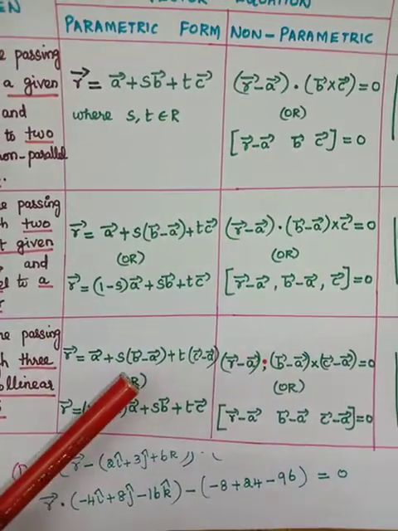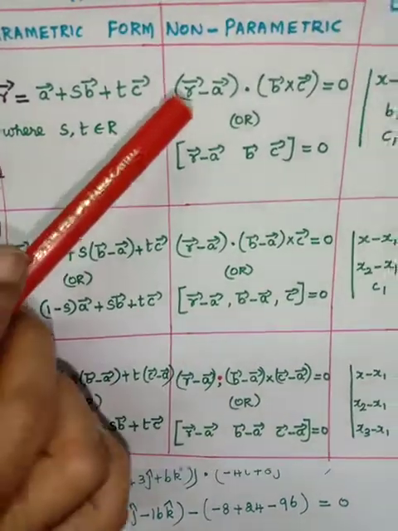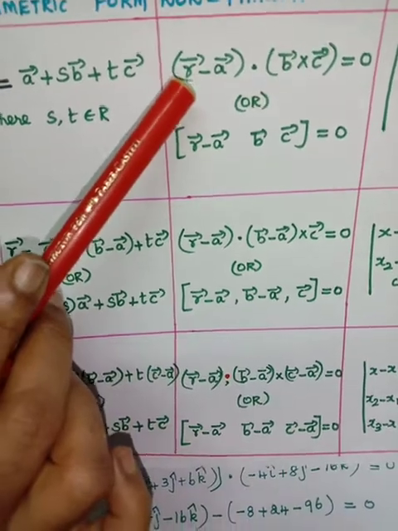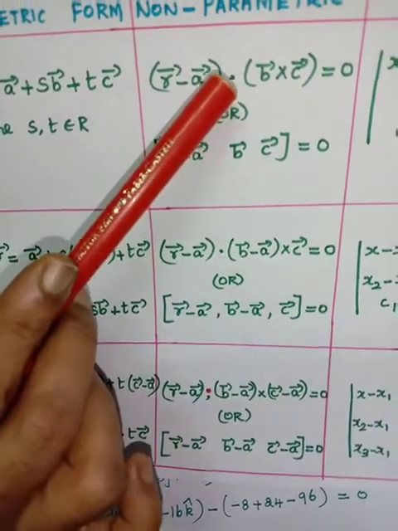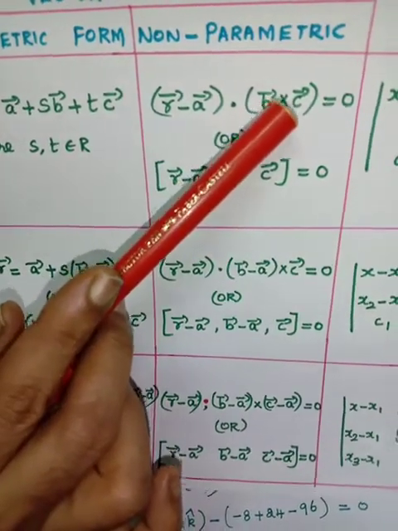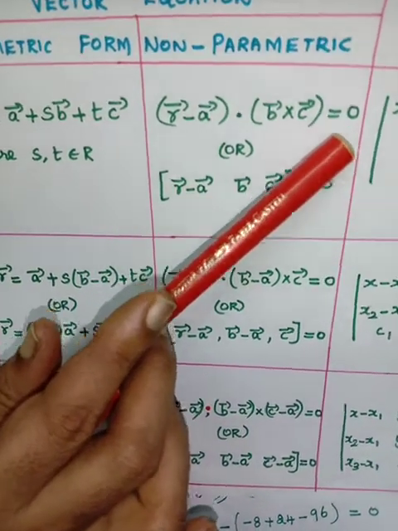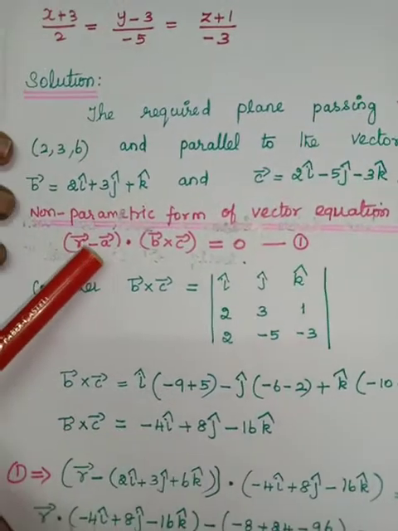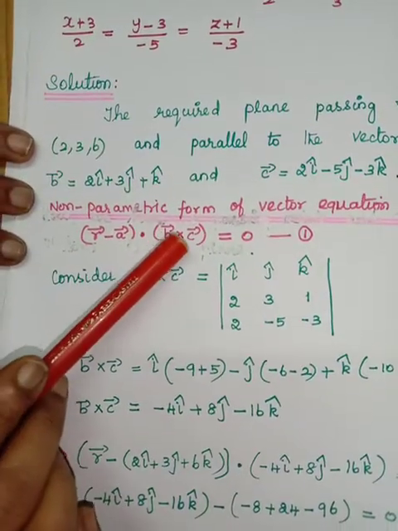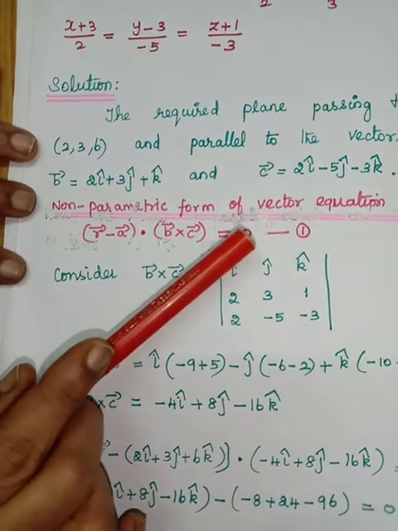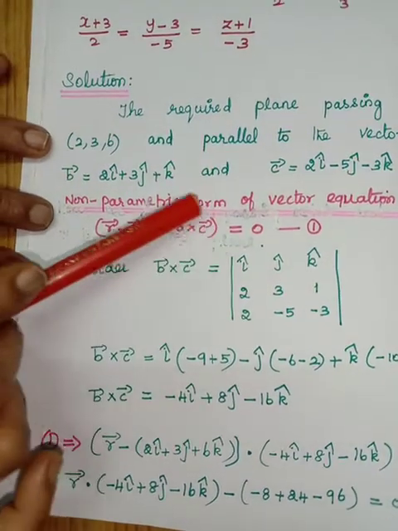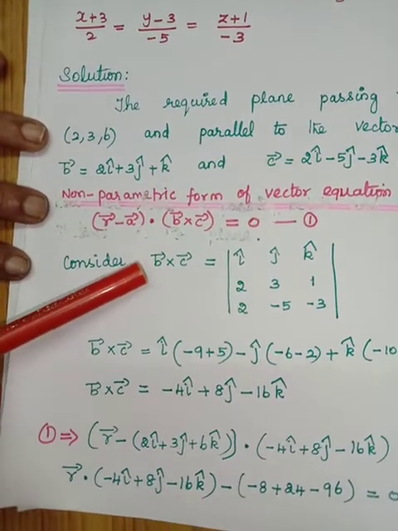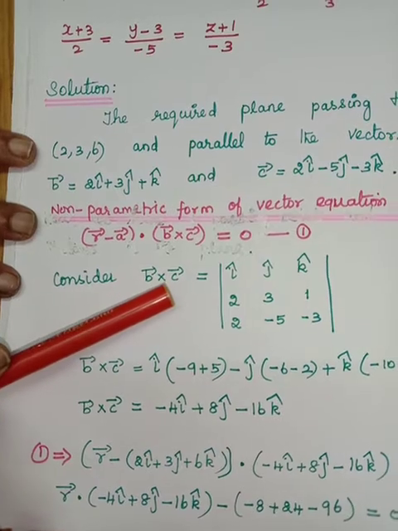Okay, what is asked of us? It is the non-parametric form. So what is the formula? R vector minus A vector dot B vector cross C vector is equal to 0. First you have to write the formula. In this formula, I am going to find out what B vector cross C vector is.